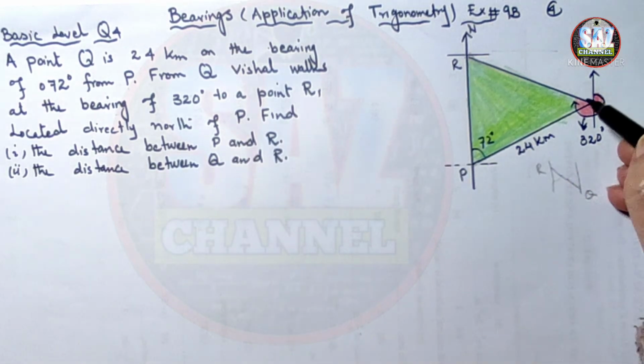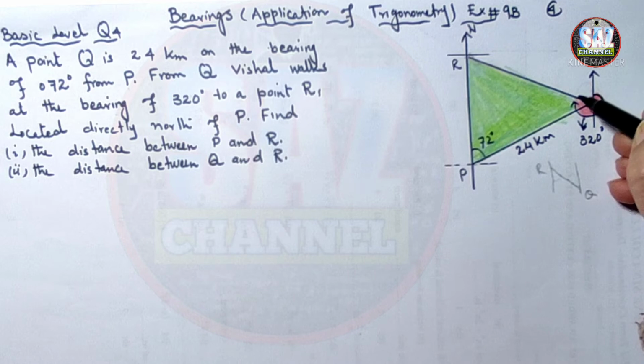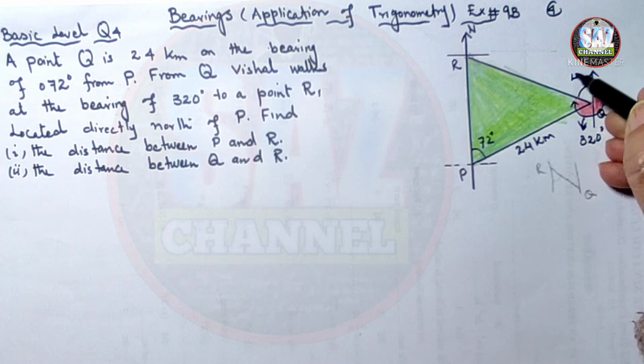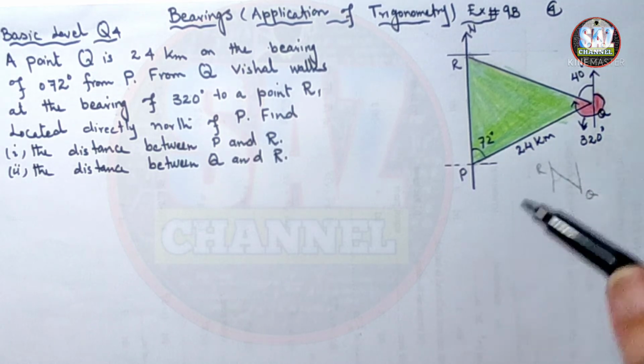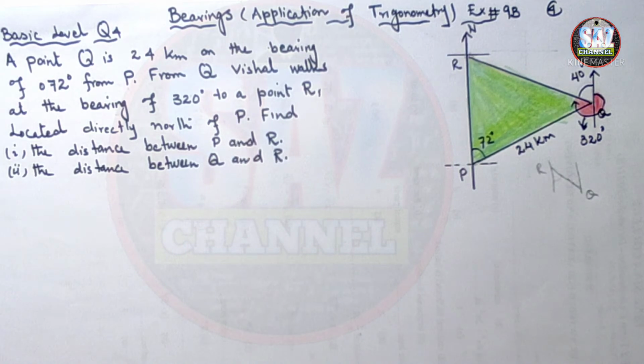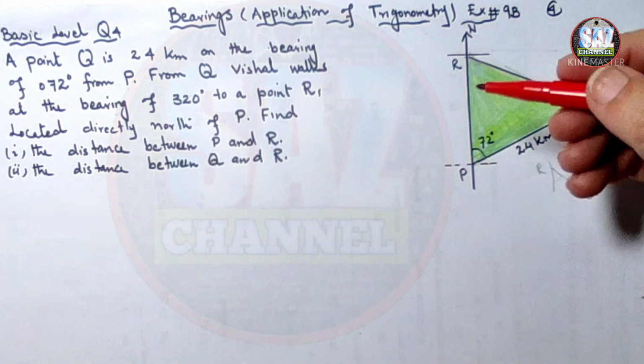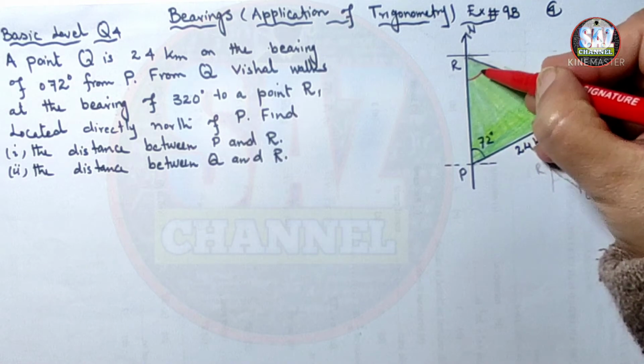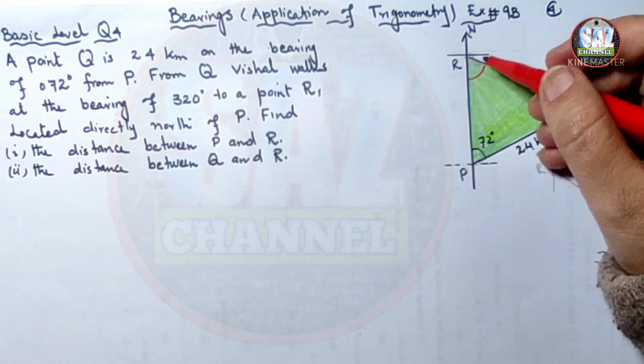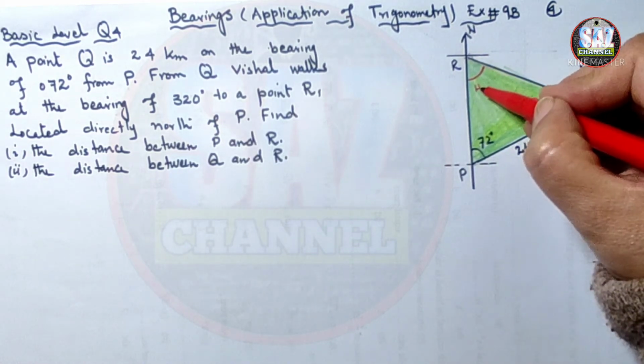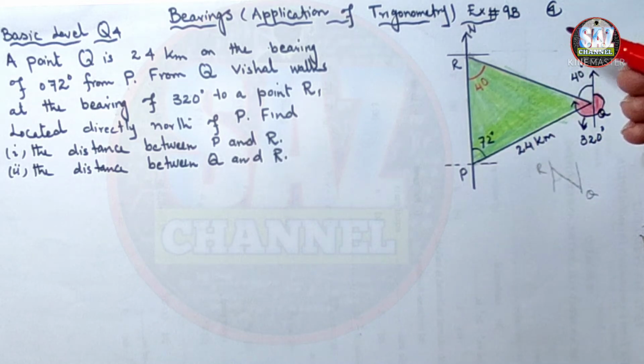So 360 minus 320, and this will give me 40 degrees. And if this angle is 40 degrees, then due to alternate angles, the angle at this place will also be 40 degrees. I hope you are clear how we are making use of alternate angles and how we are finding one of the angles of the triangle.